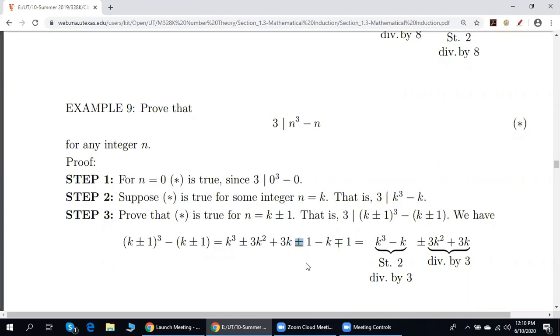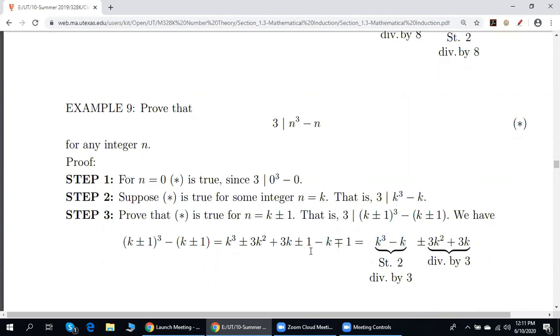And now let us put these two cases together. If here plus minus, here plus minus, we put here plus minus, but here minus plus. Means if here plus, plus plus minus. If here minus, minus minus plus. Lastly, let us group together k cubed and minus k. Done.